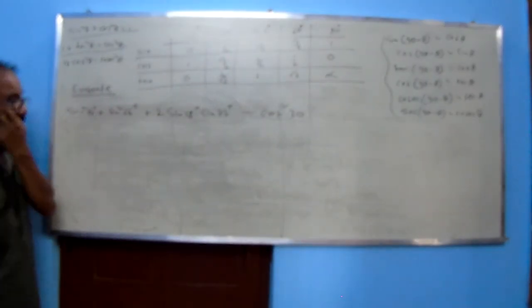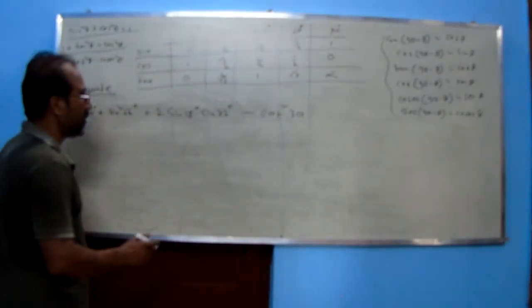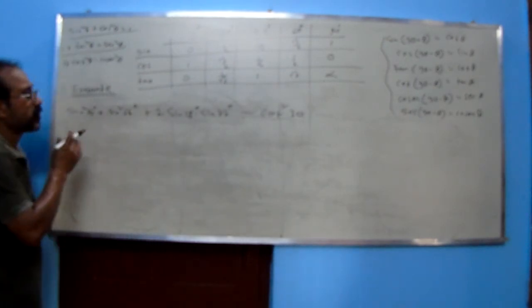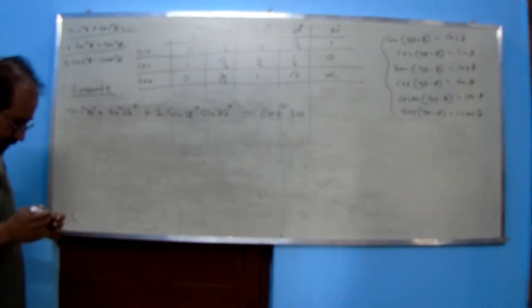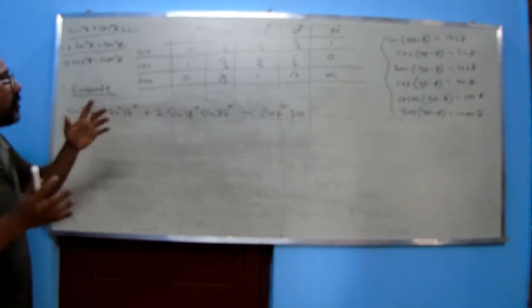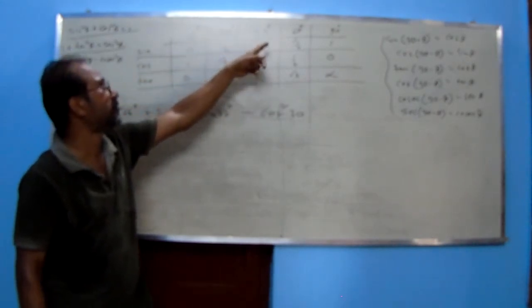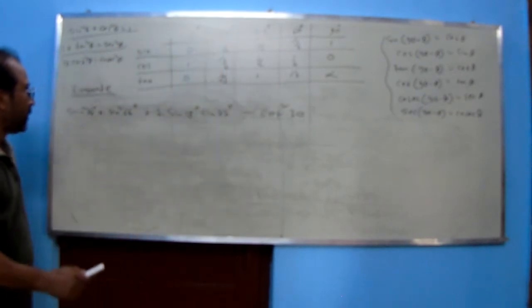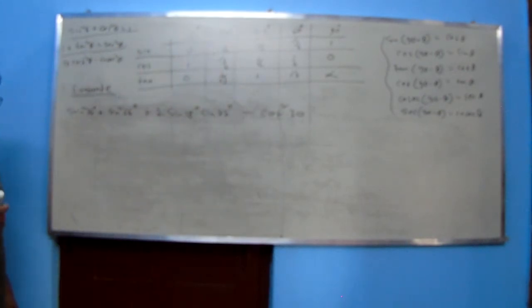Now again here is a very interesting part. So far, whatever math we have carried out, we already got 0, 30, 45, 60 and 90. But in complementary angles, the addition of two angles has to come as 90 degree.